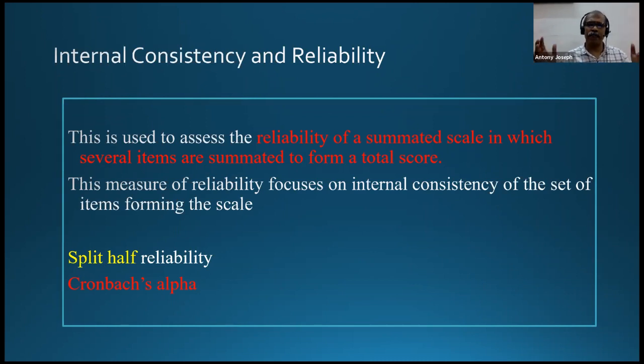Say, for example, if there are 12 different statements for the measurement of a particular concept, say, financial satisfaction, the sum of the scores given will be taken into account for the value of the financial satisfaction in respect of a particular respondent. That is what we call a summated scale. The scores of various statements are summed for the measurement of a particular phenomenon.